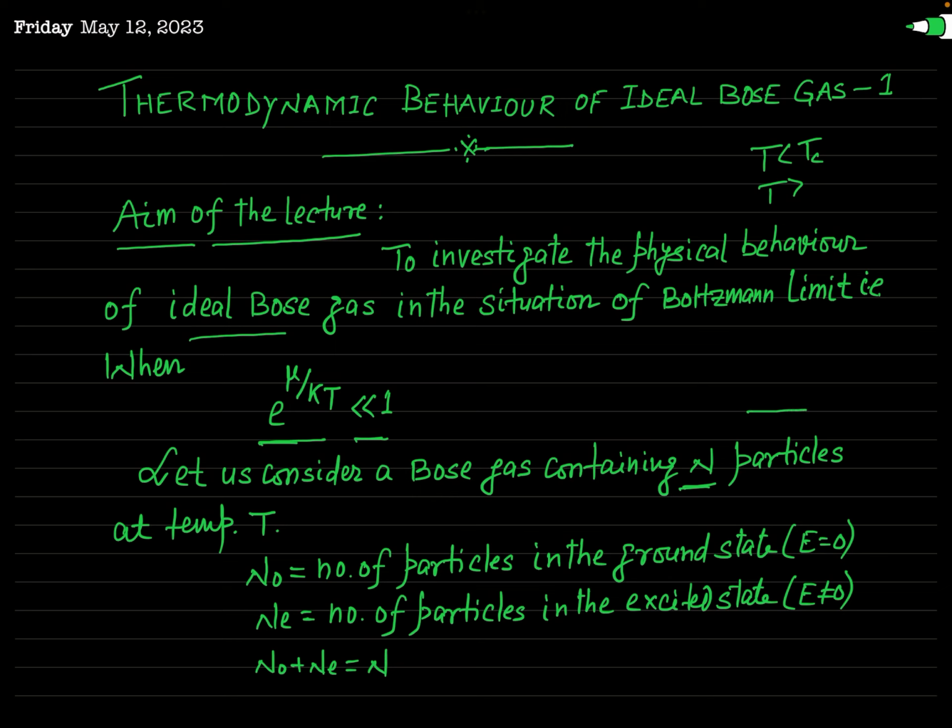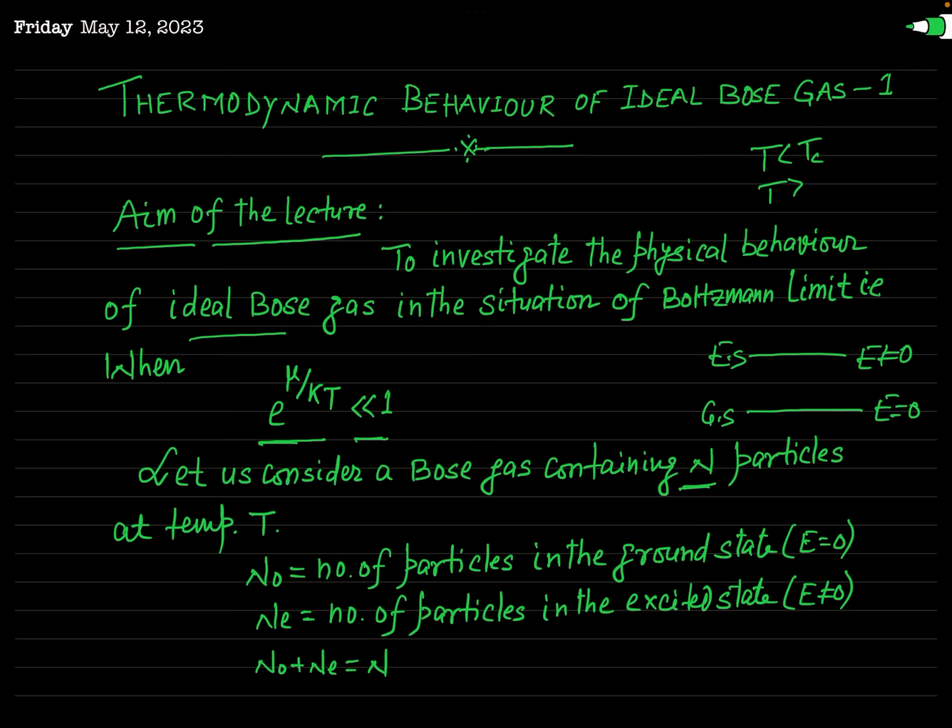The lowest energy level, in which the energy is assumed to be zero, is called the ground level or ground state, and the other energy level, when the energy of the system is not zero, is called the excited state. So this is your ground state, GS, and this is ES, the excited state.